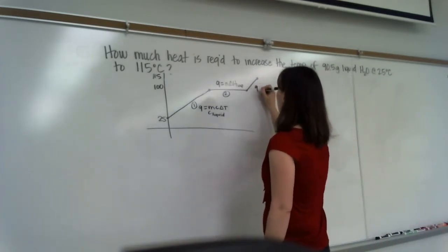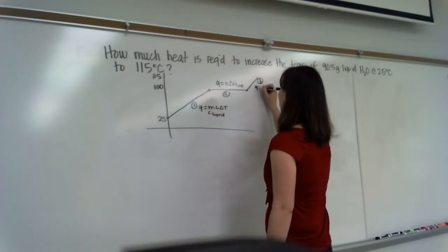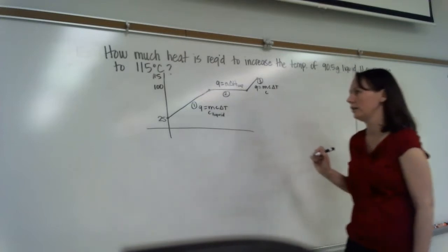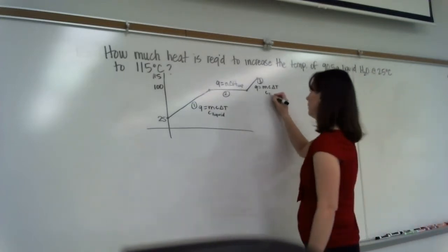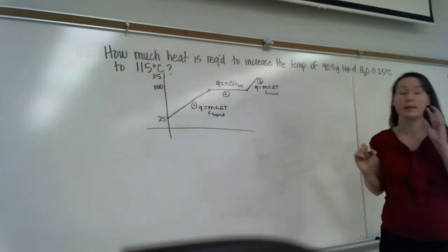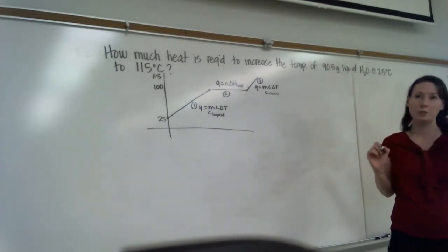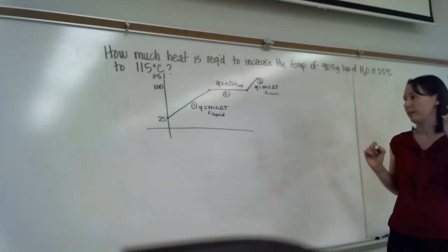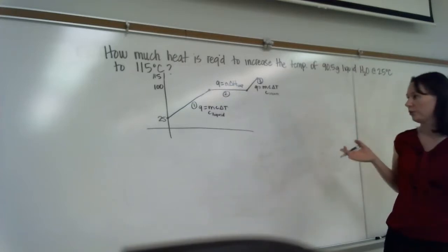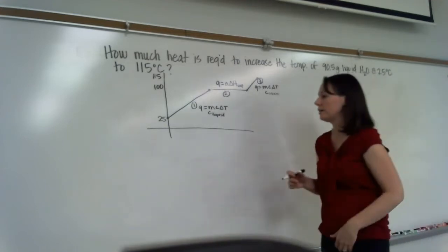And then calculation number 3, Q equals MC delta T using the C of steam. Right. So remember, water has 3 different heat capacities because one's for ice, one's for liquid water, and one's for steam. Those heat capacities factor in the differing intermolecular forces for those states of matter. All right, so let's do our calculations.